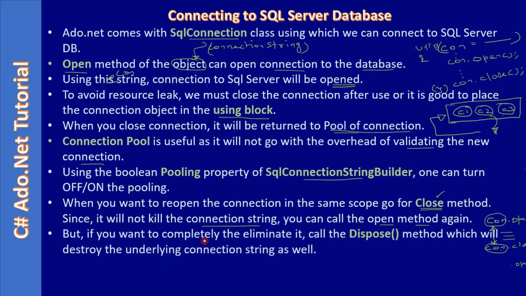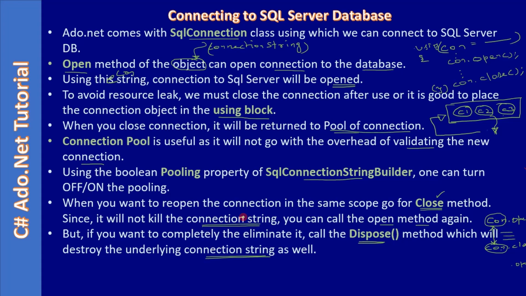But if you want to completely eliminate the connection object, call the dispose method. Once the dispose method is called, the connection is completely destroyed, along with the underlying connection string. The close method will not destroy the connection string.